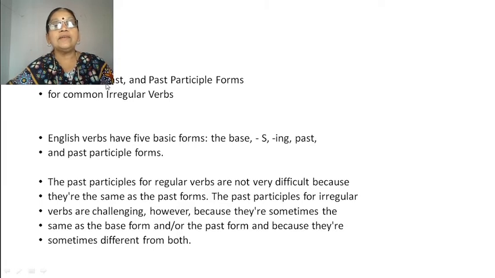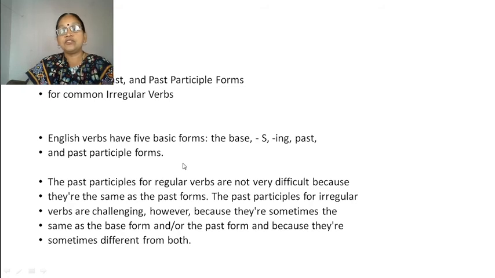List of base, past and past participle forms for common irregular verbs. English verbs have 5 basic forms: the base, s, ing, past tense and past participle forms. The past participles for regular verbs are not very difficult because they are the same as the past forms.